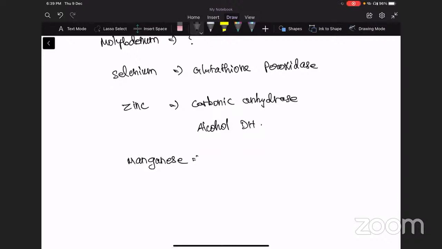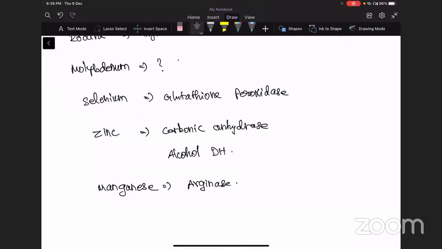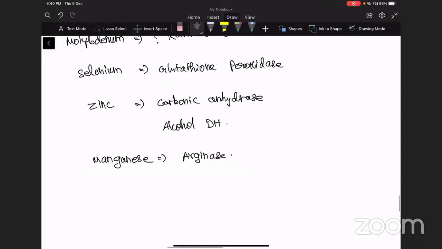Manganese is the cofactor for, yes, Ashley Simon, very good, xanthine oxidase. Can you tell me the inhibitor of xanthine oxidase? What is the name of the xanthine oxidase inhibitor and where is it used? It is pharmacology. Manganese is the cofactor for arginase and enolase.